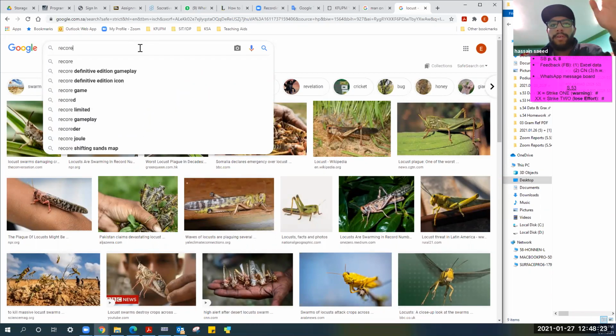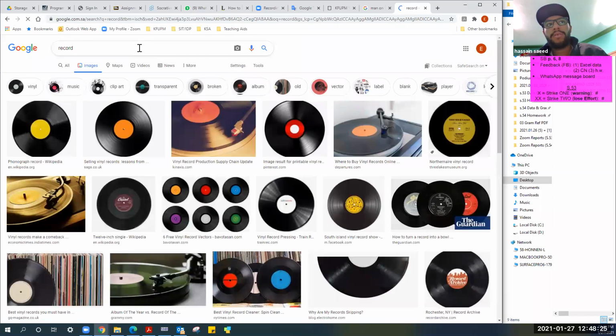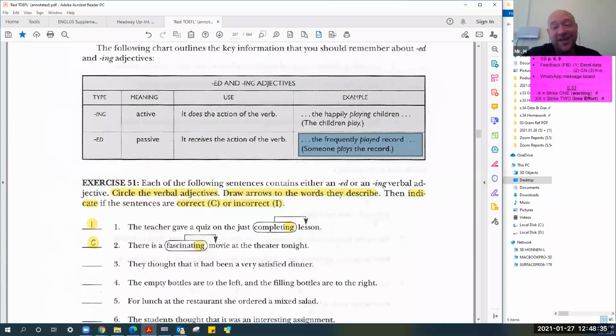It's something you accomplished. No, this one. This is called a record, gentlemen. Old school CD. Big old school CD, about this big, right? Bigger than my head. And I have a big head.